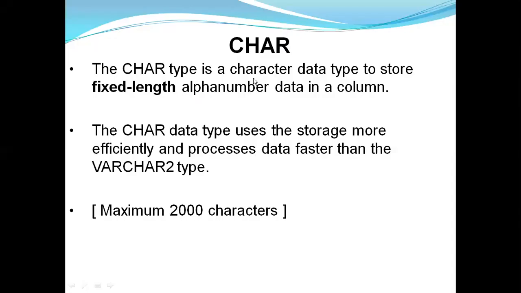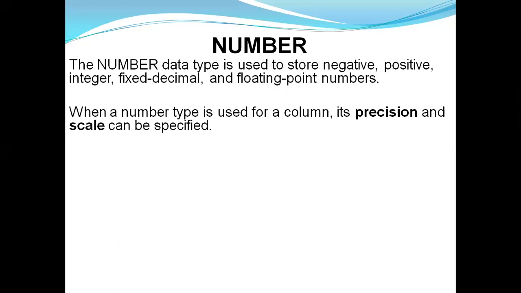These varchar2 and char are both used for character data. Only difference, one is variable length, one is fixed length. After char, we have number. Usually we have so many data types available for numbers.